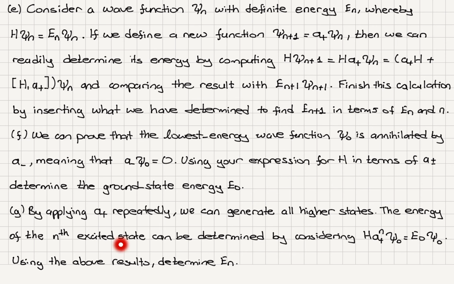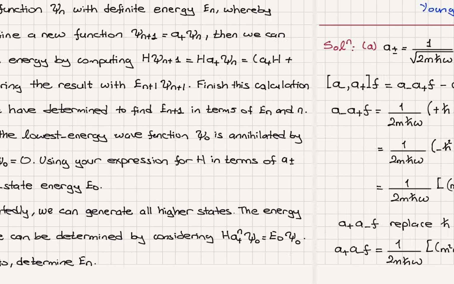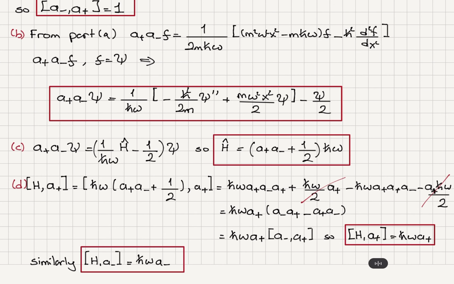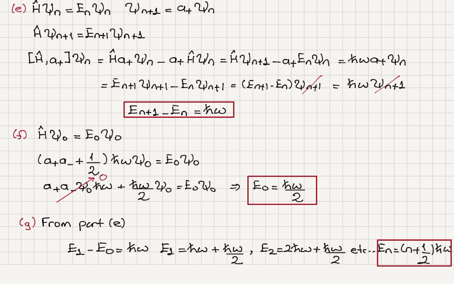So for the nth excited state, we can use the above results to determine E sub n, because E n plus 1 minus E_n we have found to be h bar omega, and the ground state energy, knowing that A minus applied to psi0 is 0, is h bar omega over 2. We can find the energy levels as n plus 1/2 times h bar omega.